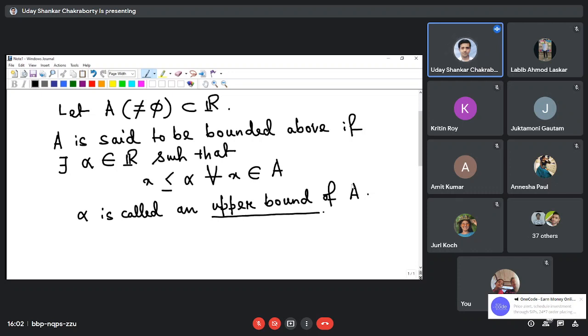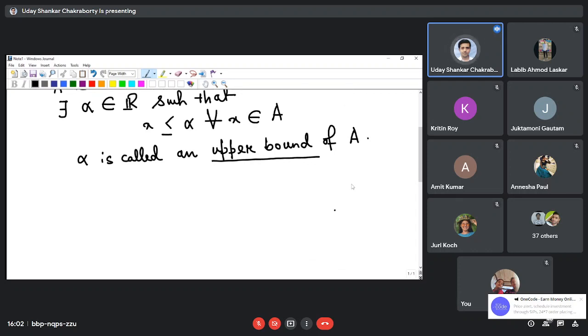Okay, so if you have understood this, if I give you this set A equal to, let's say, the open interval (0, 1). You know what is an open interval? The open interval (0, 1) means it contains all real numbers x such that 0 is less than x and x is less than 1.